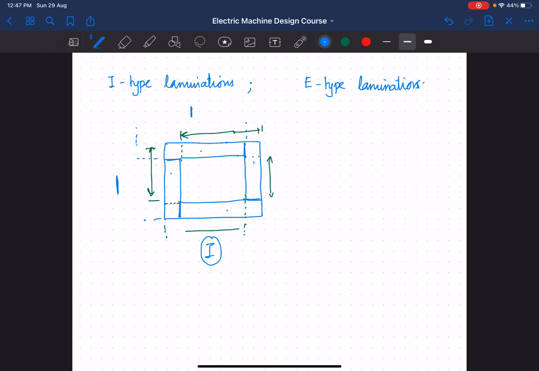The next type of lamination is the E-type lamination, which is like this.